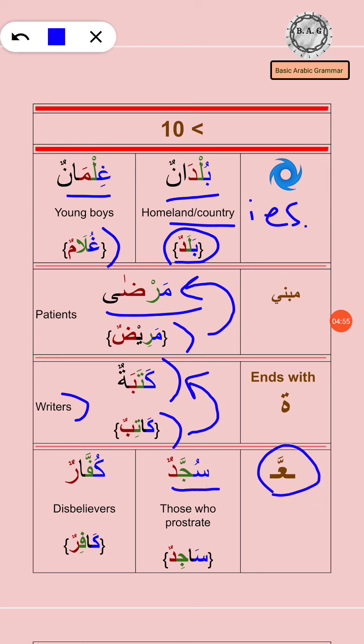Our root word is sajidun, the one who prostrates, and its plural or its jama mukassir would be sujjadun. Then we have the fu'alun pattern, which is kuffarun, disbelievers, and the root word is kafirun.